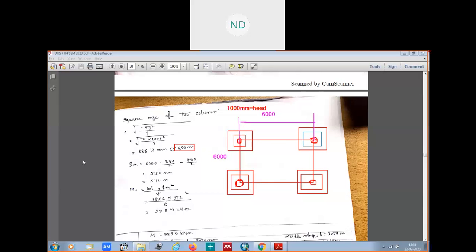If I take the pencil again, this portion from here to here, how much is this? This much is 880, the square size of the column head. This one was your column strip, which was this total.